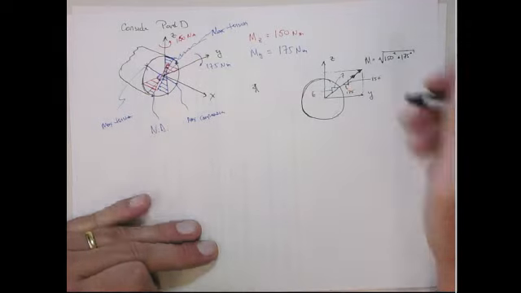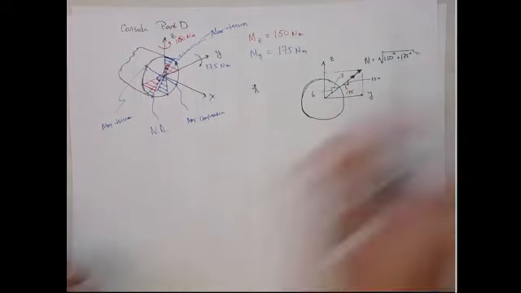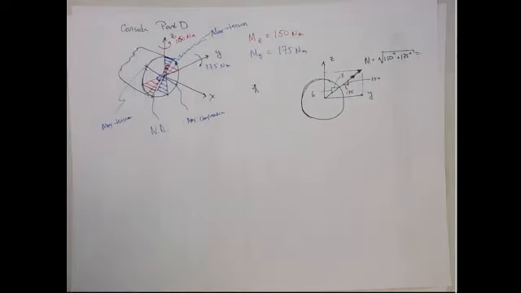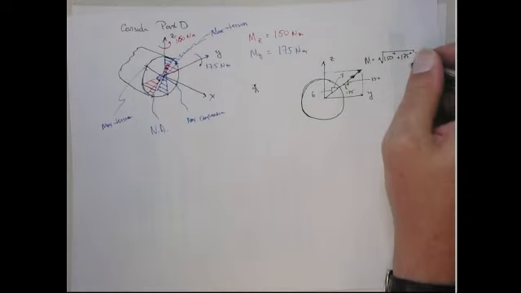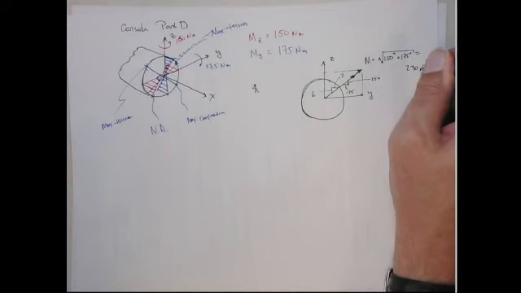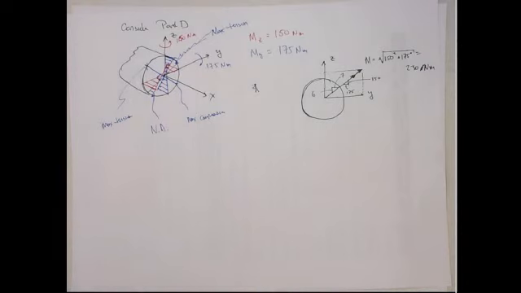But this magnitude here, we can get as follows. That's 230 point, well, let's just leave it there. 230 Newton meters. So that's the 230 Newton meters.